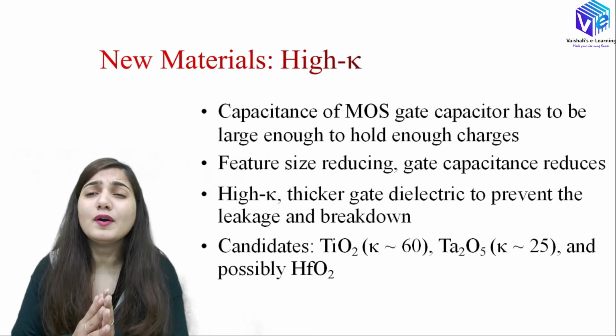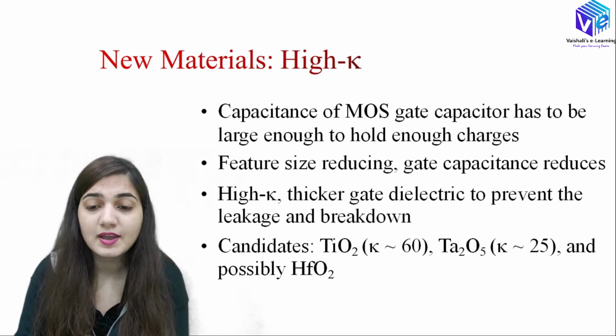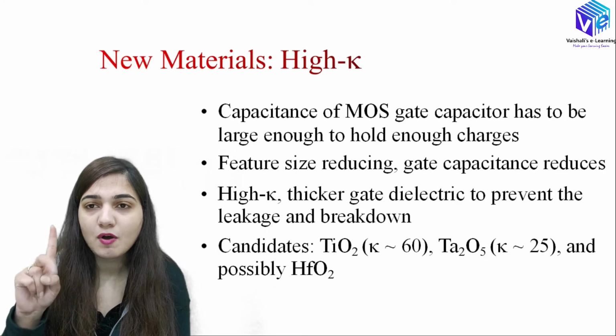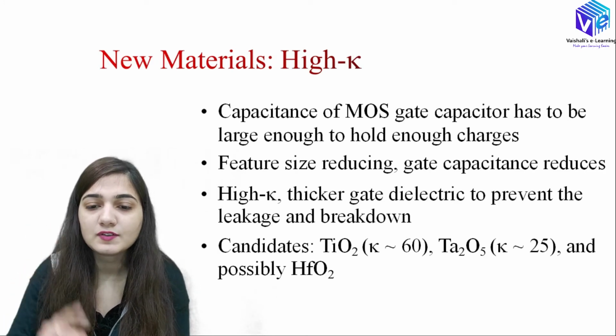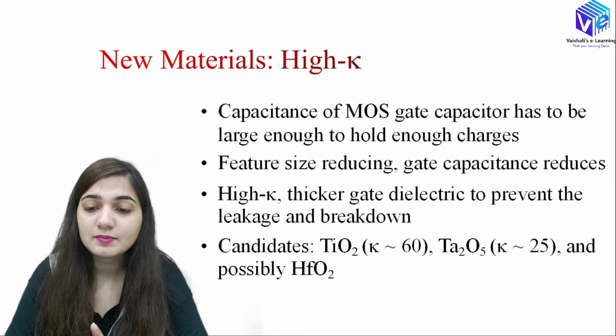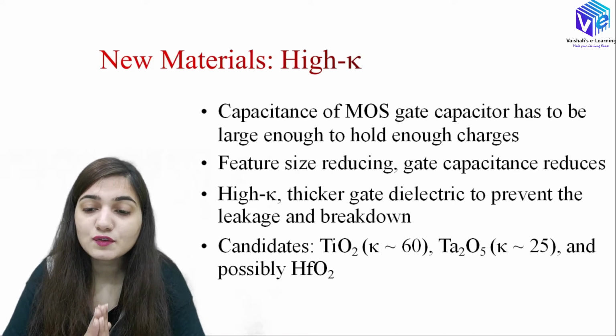So we want faster and faster processors, and for that we use two types of materials. First is copper, second is low dielectric constant material. So we can work with high dielectric constant material as well. So capacitance of MOS gate capacitor has to be large enough to hold enough charges.